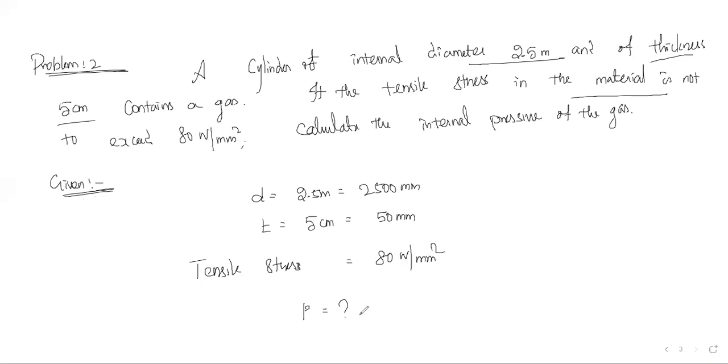So we all know that the tensile stress is nothing but our hoop stress, that is the maximum stress. So now we mention that the tensile stress becomes sigma 1. So by using the sigma 1 formula, we can directly calculate the value of p. Okay, so solution.